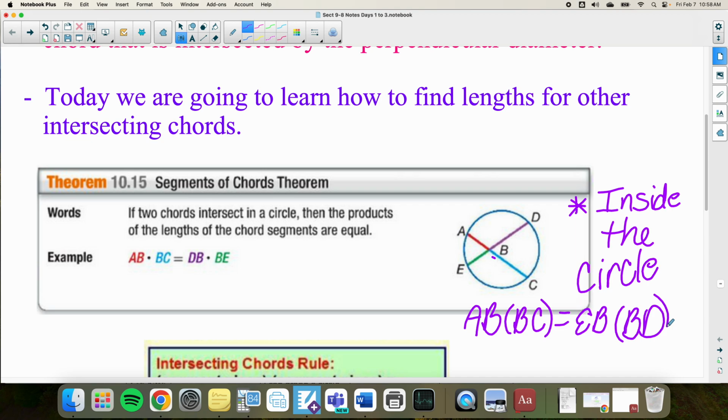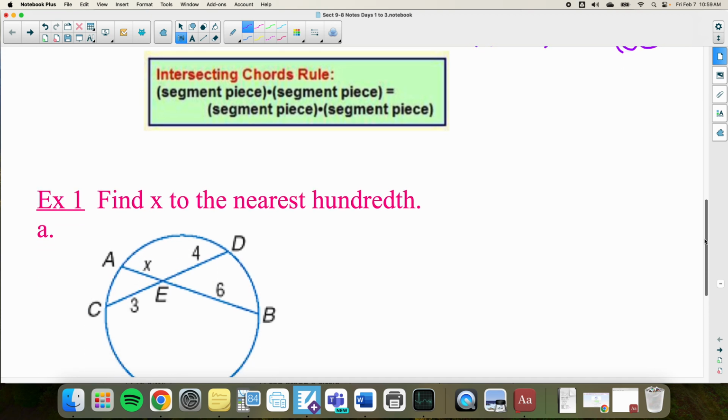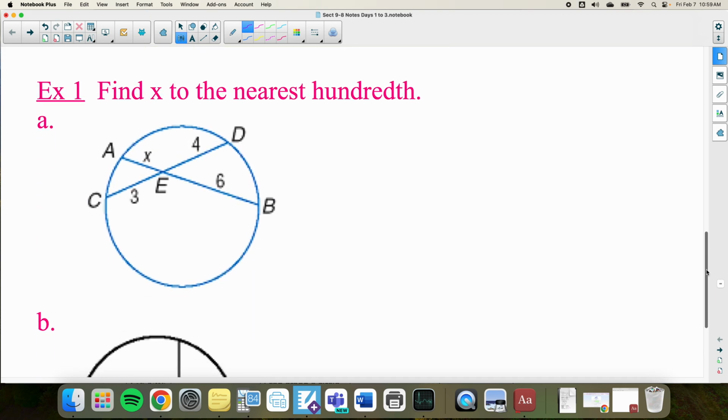So basically what you do is you take the 2 parts of the chord multiplied equal to the 2 parts of the chord multiplied. So we're not dealing with angles and arcs, we're dealing with segment pieces, okay?